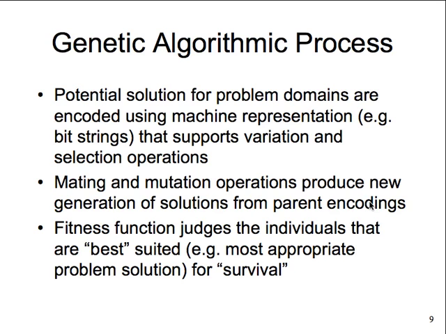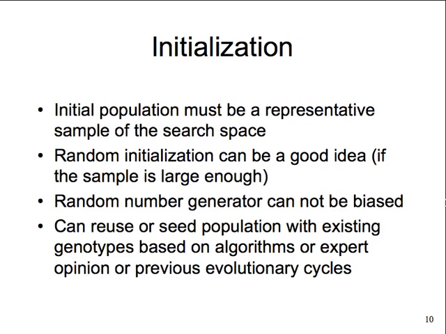So, anyway, going back to genetic algorithmic processes, mating and mutation operations produce new generations of solutions from parent encodings. So there are new combinations. We're mimicking what happens in the real world with a computer science solution to a traveling salesperson problem. The fitness function judges the individuals that are best suited, the most appropriate problem solving for survival. That's how evolution works.